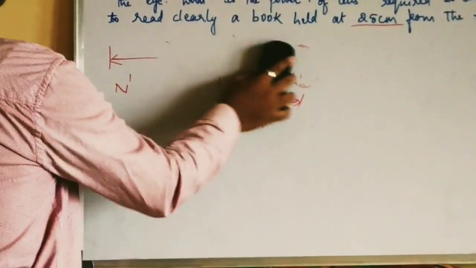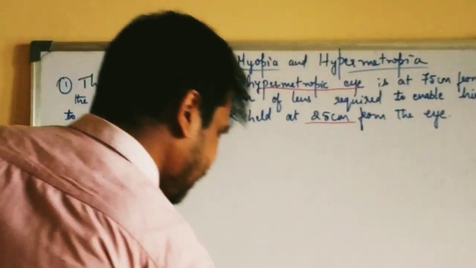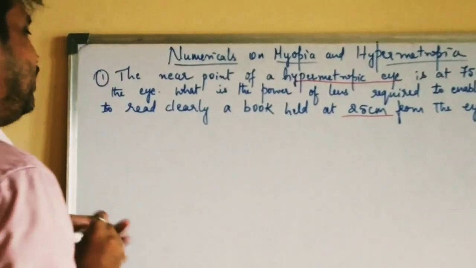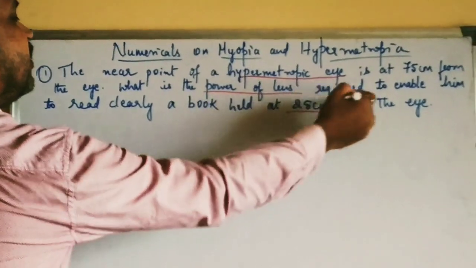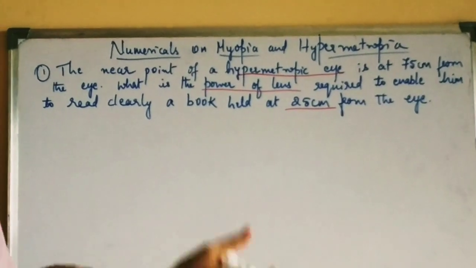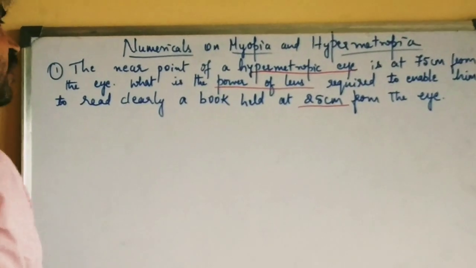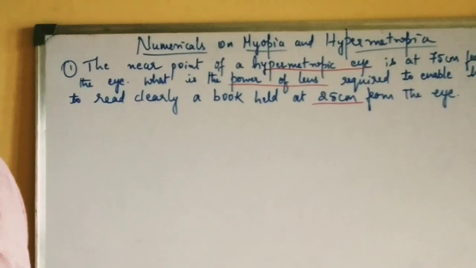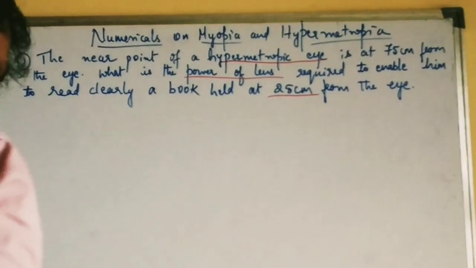Now you can write the given data and then use the formula of the focal length. What is the power of the lens required to enable him? You have to find the power of the lens. In order to find the power, first you should get the focal length, then you can take the reciprocal to find the power of the lens required to read clearly a book held at 25 centimeter from the eye.